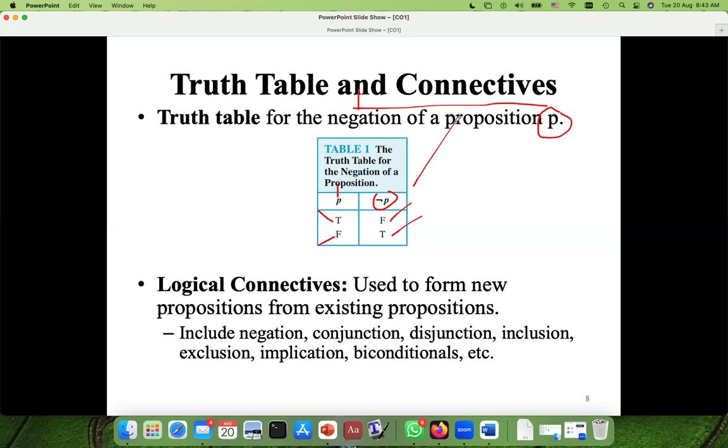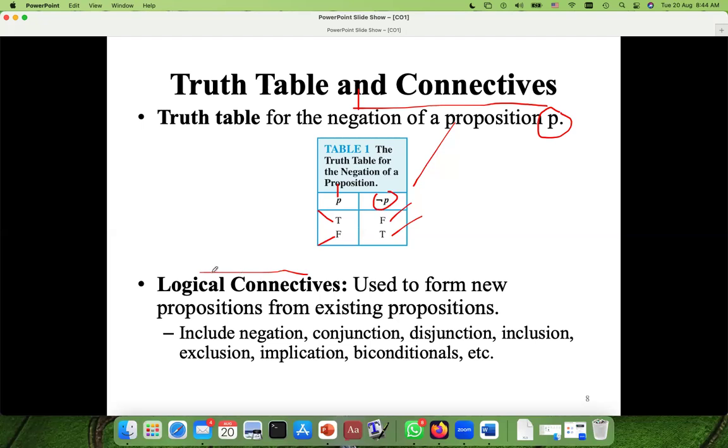The number of variables will only increase if you have a compound proposition. What is a compound proposition? More than two variables joined with each other through connectors. So that's why first we are going to study connectors, because if you have a compound proposition, then you can see the detailed truth table.